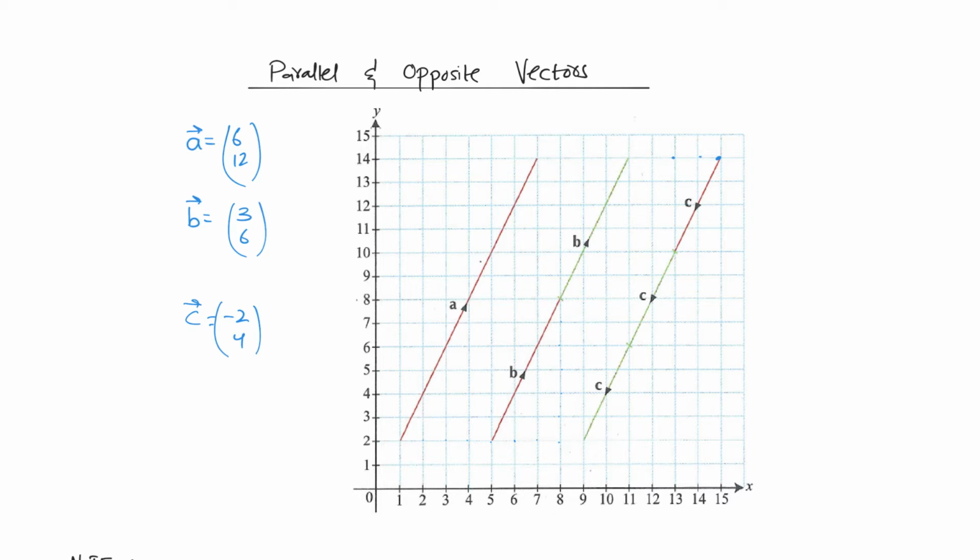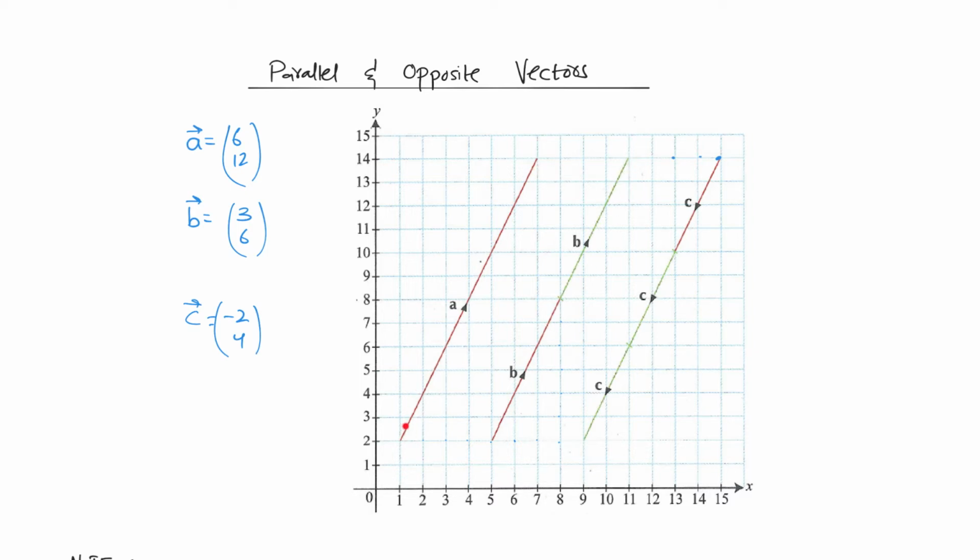That means if B is 3, 6 and A is 6, 12, in order to have this much length of vector, I'll be needing two vector B's. This is one vector, and I need another vector B so that I can get the same line segment.